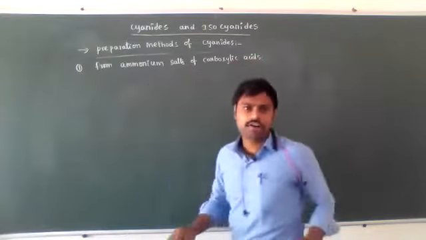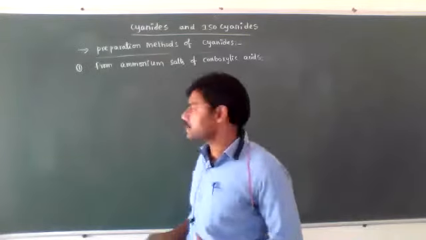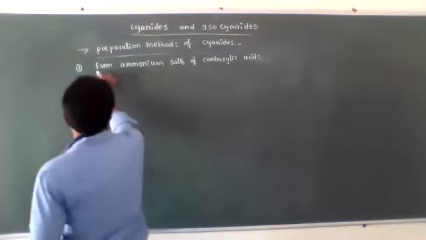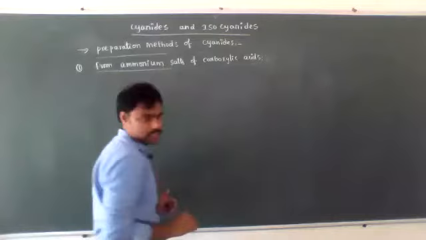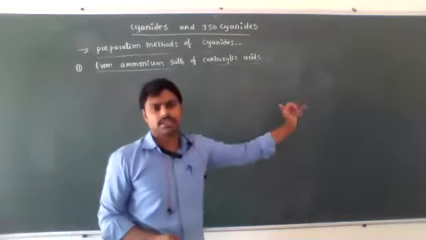So, how are we preparing from ammonium salts of carboxylic acids? For this, what is the general formula of ammonium salts of carboxylic acids? First, you have to imagine that, because that is the reactant. Then only we convert it into product.